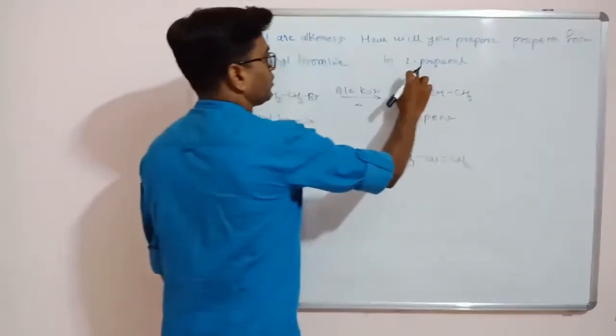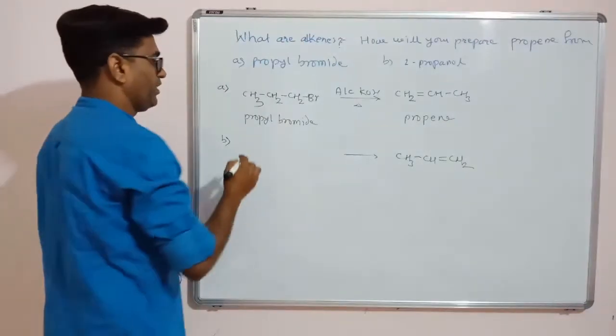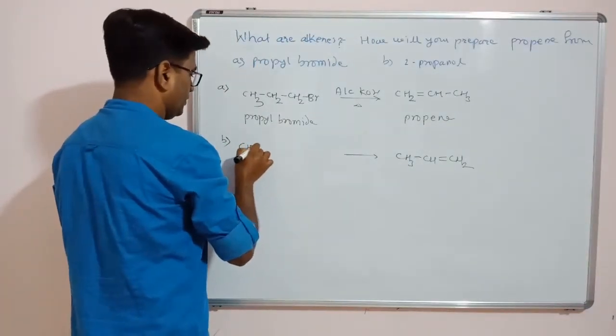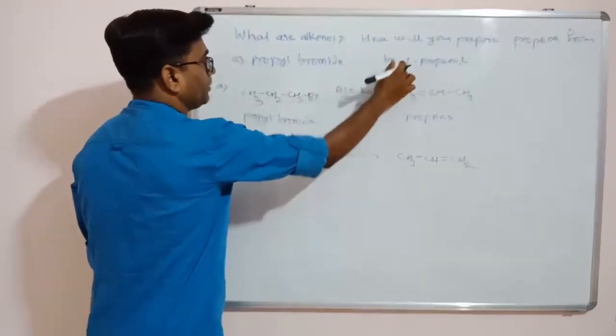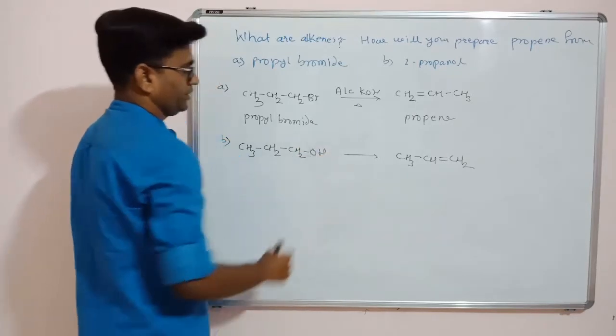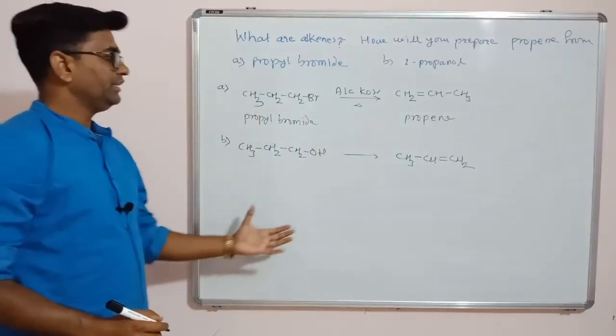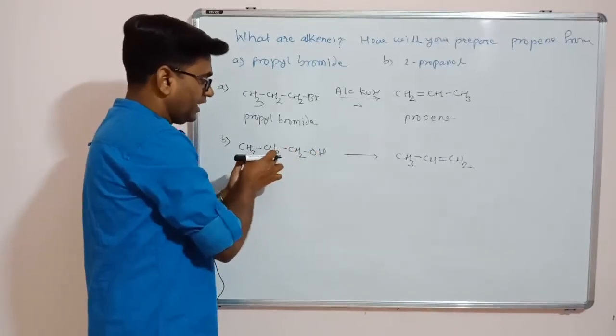So 1-propanol. Propane means 3 carbons, ol means alcohol, the OH functional group. So CH3CH2CH2OH. 1-propanol means on the first carbon there is an OH.